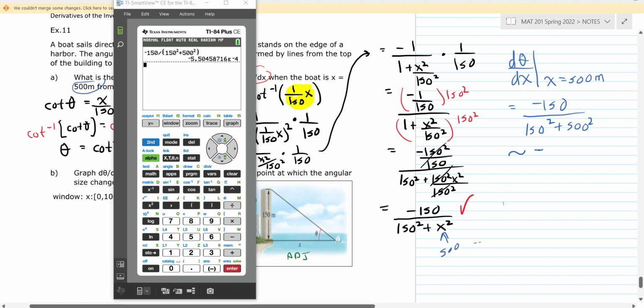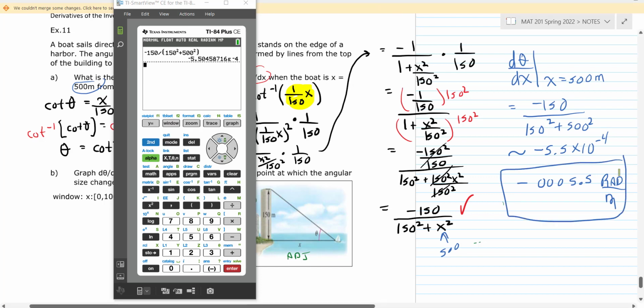That's giving me negative 5.5 times 10 to the negative 4. So that just means move the decimal back 4, so you would have 5.5 with 3 zeros, like that. And that would be radians per meter. So that would be the rate right there, the answer to the problem.